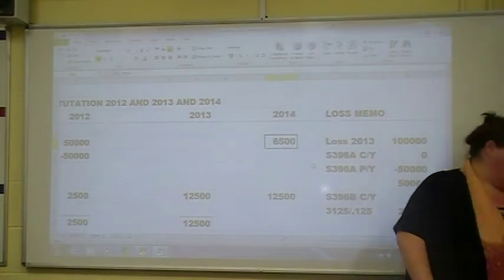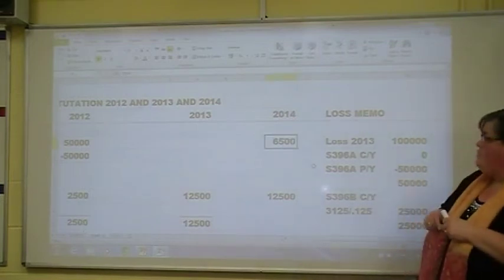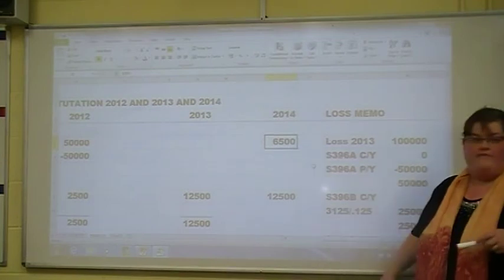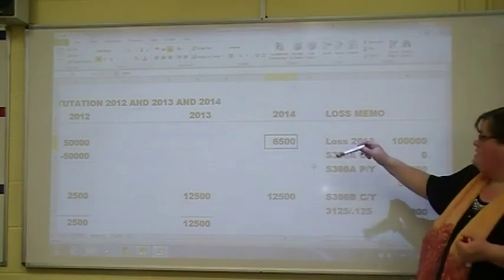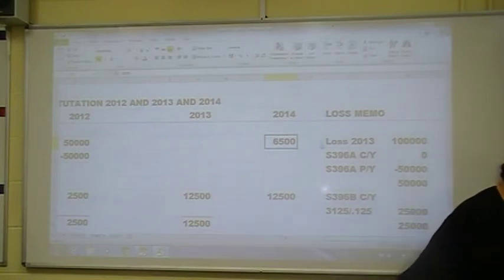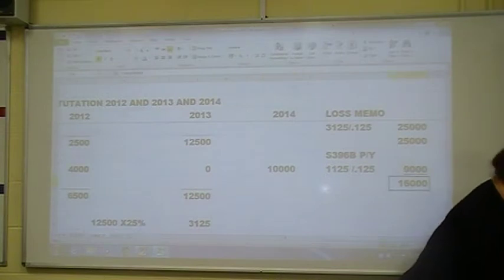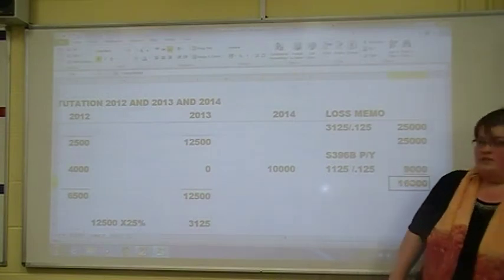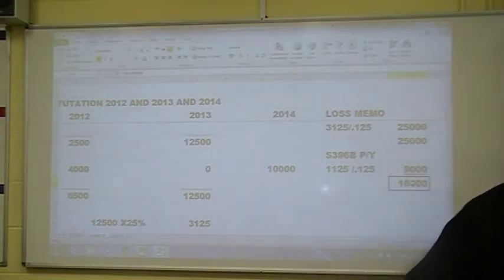Okay, so aside from 2014, we've got a case 1 profit of 6,500. It's the same trade from which our loss previously came, so we can offset 6,500 out of this 16,000 against it.